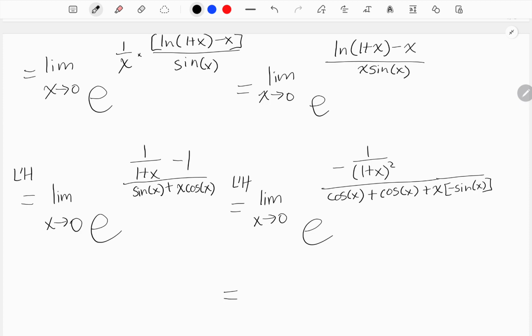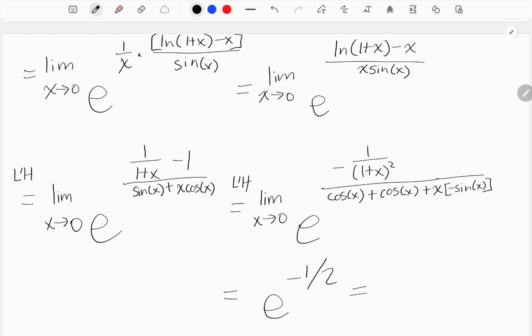Now let's see. When I plug in x equals 0 here, in the numerator, 1 plus 0 is 1, 1 squared is 1, 1 over 1 is 1, so I have negative 1. In the denominator, cosine of 0 is 1, cosine of 0 is 1, and this last term is 0, so I get 1 plus 1, which is 2.